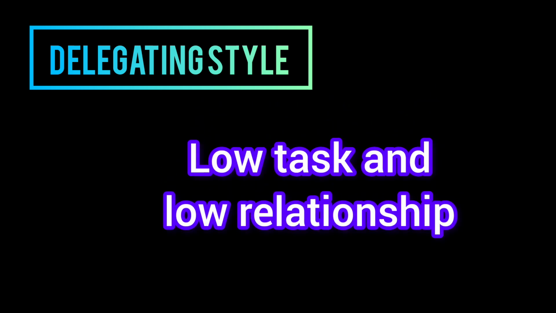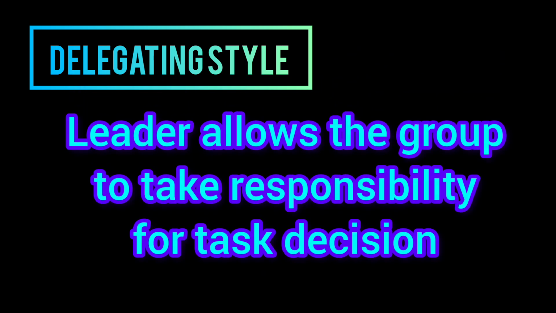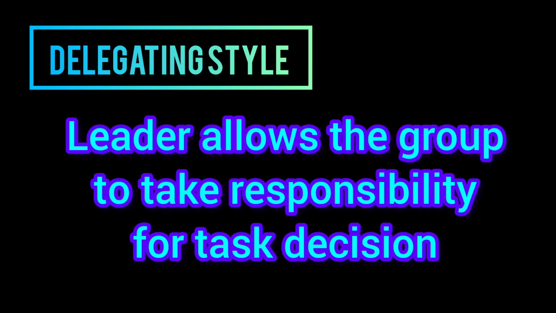So what do you mean by a delegating leader? A delegating style or delegating leader basically implies low directive behavior and low supportive behavior. He or she allows the group to take responsibility for task decisions.